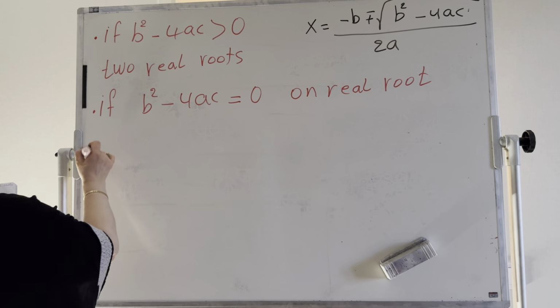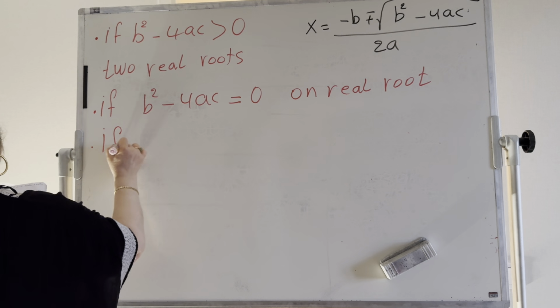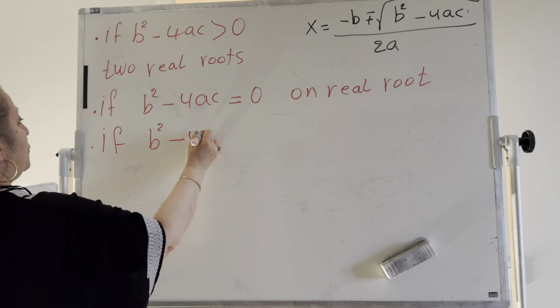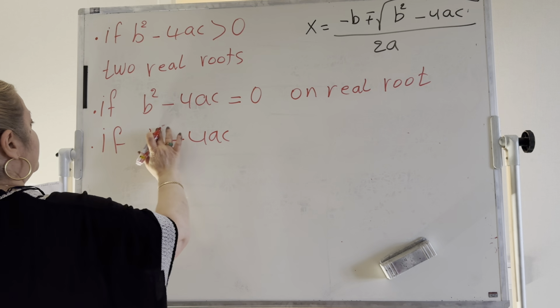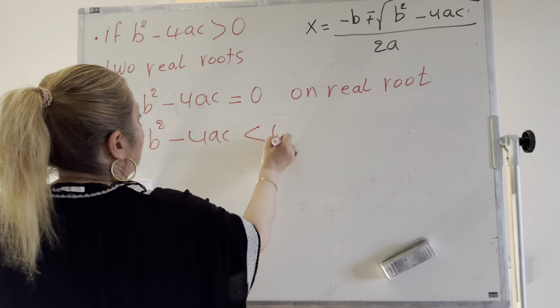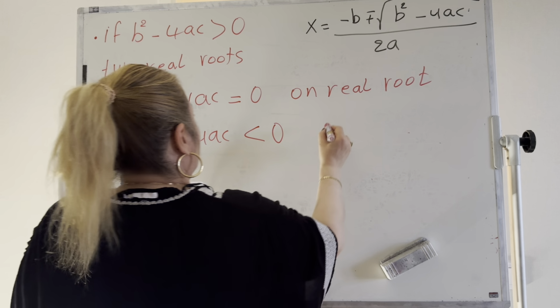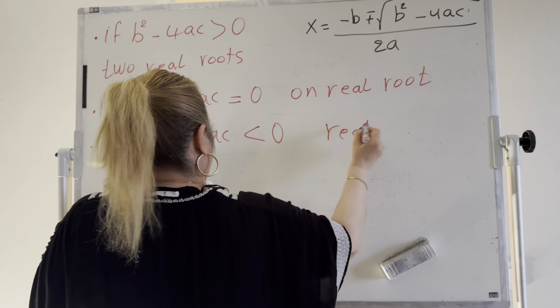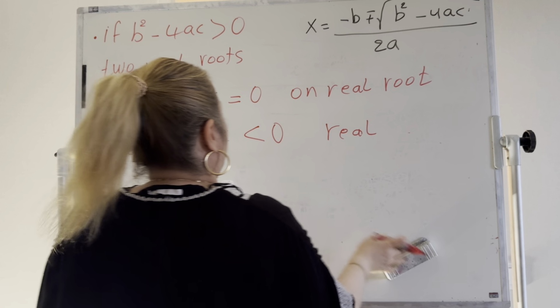If b squared minus 4ac is smaller than 0, there are no real roots.